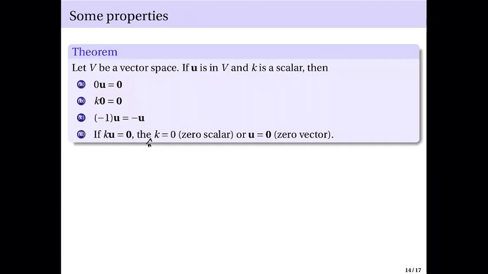Now, if you have any scalar k and you multiply it to the 0 vector, you will also get the 0 vector. So any scalar k multiplied to the 0 vector gives the 0 vector.